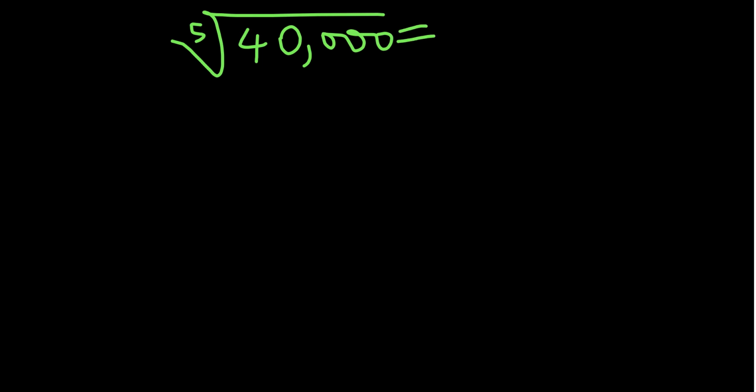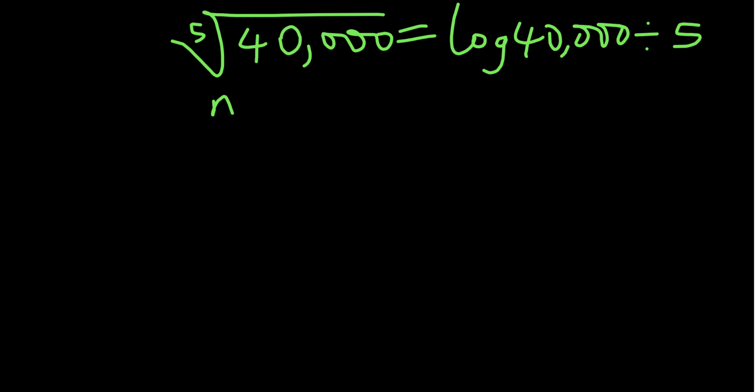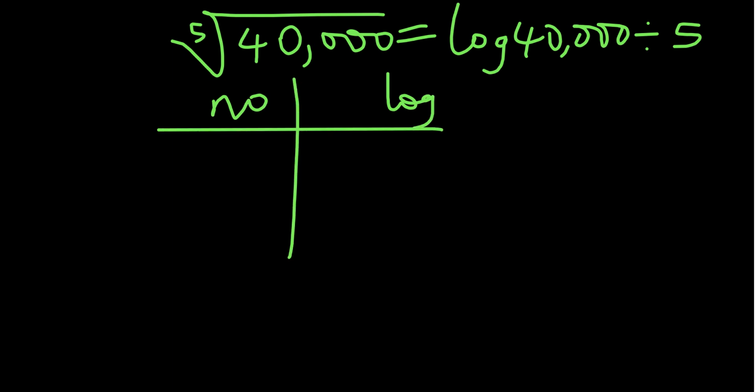It means log 40,000 divided by 5. Okay, so log 40,000 divided by 5, and we will have our number here and our log here. Okay, so you have your fifth root of 40,000.